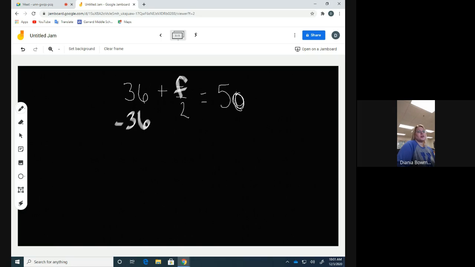So I'm going to subtract 36 from both sides. That gives me 0. Do I have to write 0? Yes or no? No. I have plus left. So do I have to write that plus still? No. So I have f divided by 2 equals, what's 50 minus 36? 14.